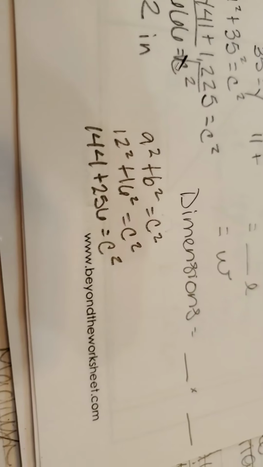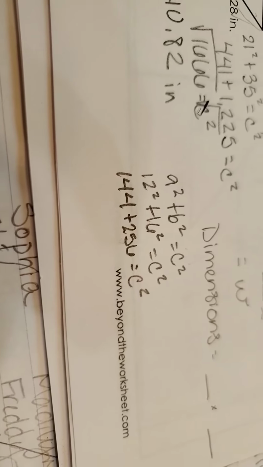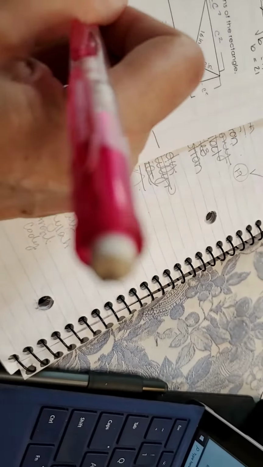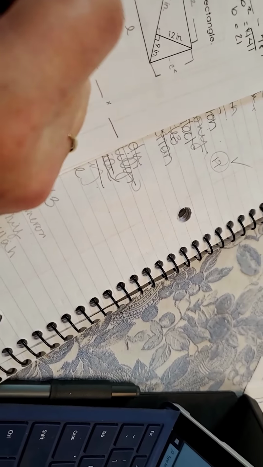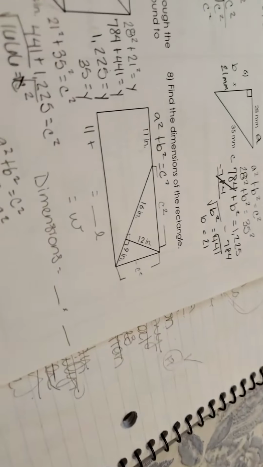Okay, and that's what we're looking for. So 256 plus 144 equals 400. The square root of 400 is easy.